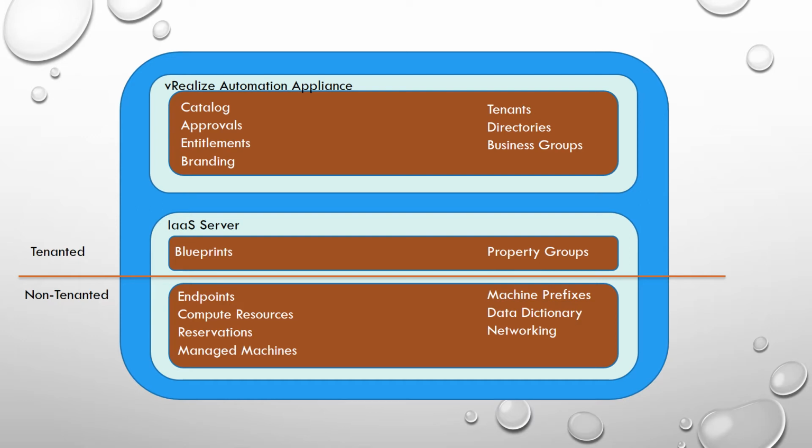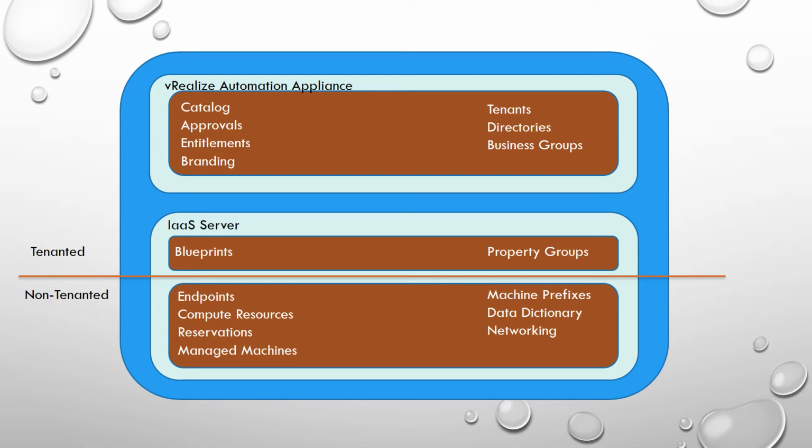As you can see, all the services or elements, should I say, that are above the red line are tenanted, and all that are below the red line are non-tenanted. So the services or components above the red line will be visible only to the tenant in which they were created. But the services or components below the red line will be visible to all the tenants.